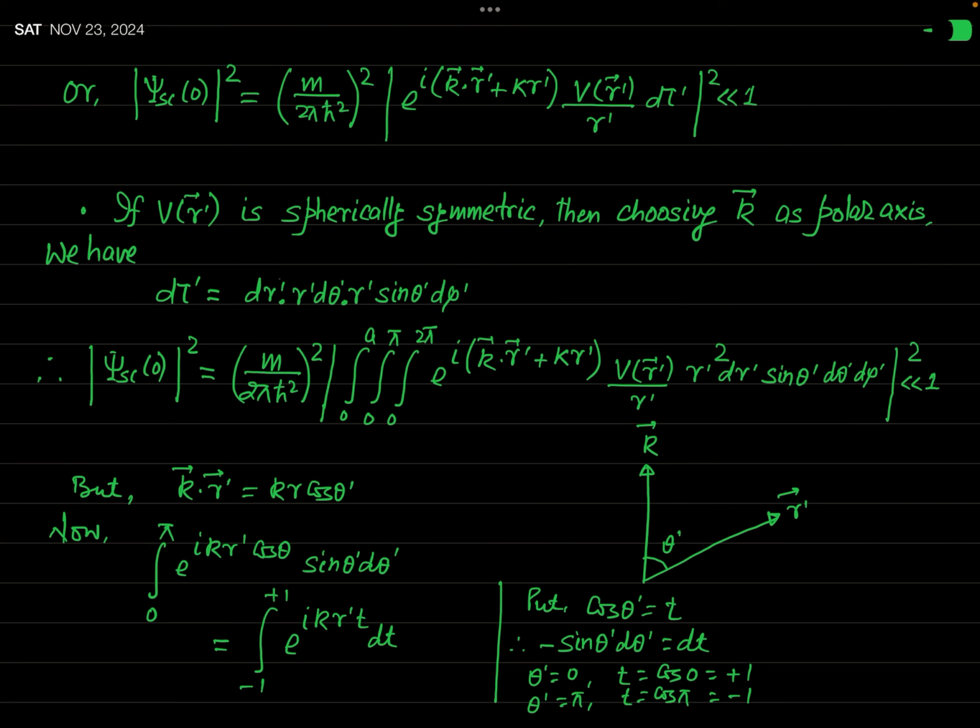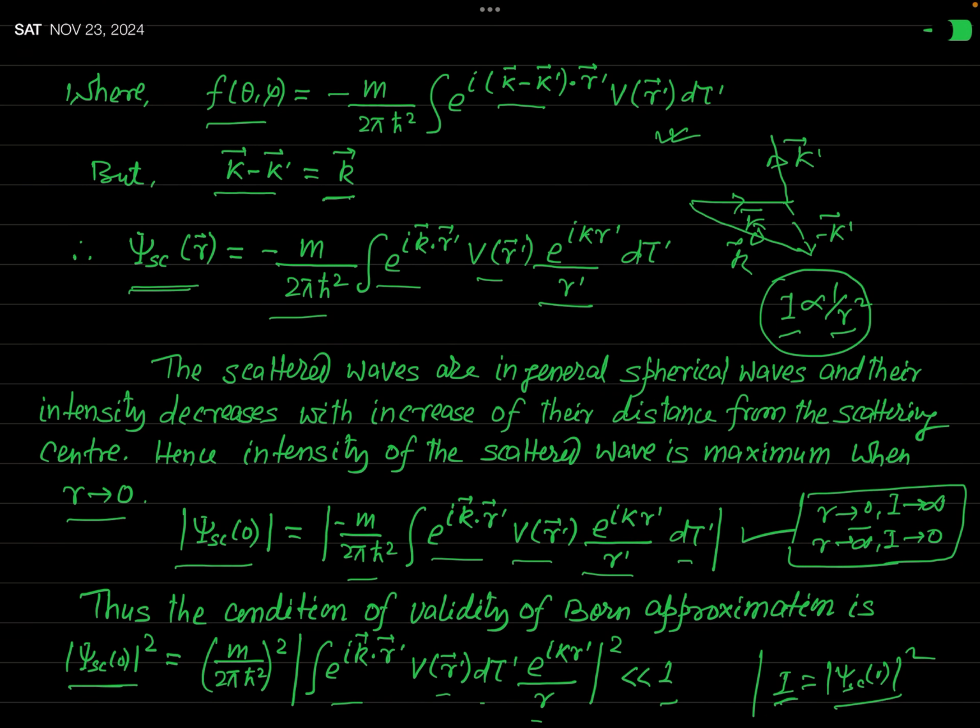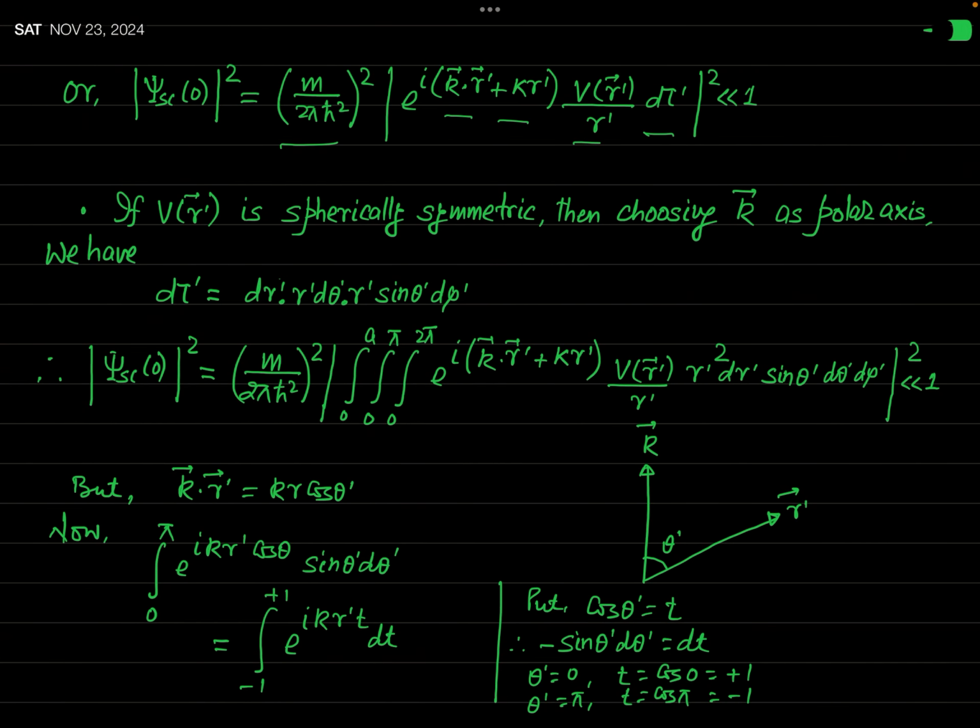Okay? You can find its value and this will be the square of m over 2 pi h bar square times mod of integral e to the power i kappa dot r dash plus k r dash times v of r dash over r dash d gamma dash whole square. Okay? Actually here these two exponential factors have been combined. Okay? So when this condition holds, then Born approximation is valid.